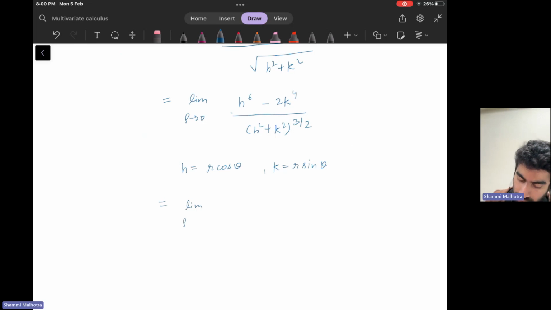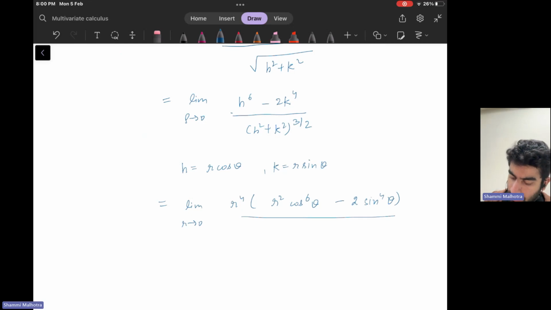The limit rho tending towards 0, which this time is the same as r tending towards 0, of r to the power of 4 times (r square cos to the 6 theta minus 2 sine to the power of 4 theta) whole divided by r square to the power of 3 by 2.